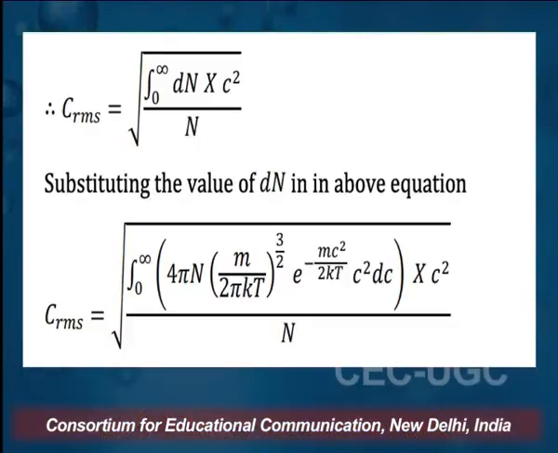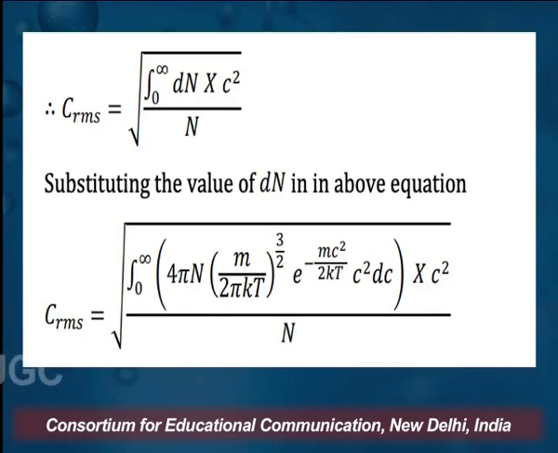As told just a few minutes back, CRMS can then be written as root of integral of 0 to infinity dn into c square by N. N is the total number of gas molecules, c square is the square of the velocities of the molecules, dn is given by the Maxwell's law of distribution of speeds.